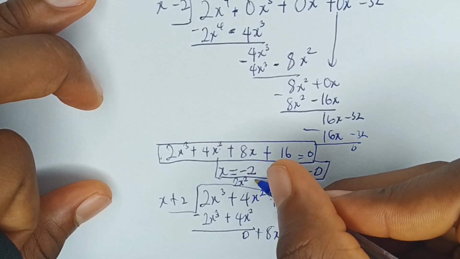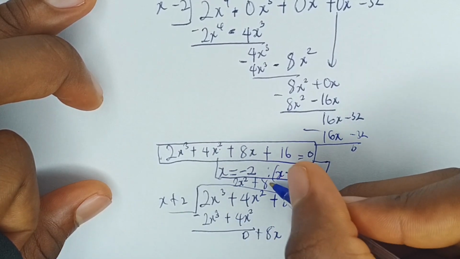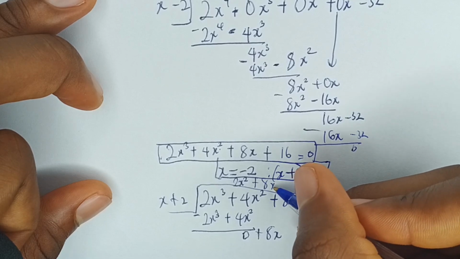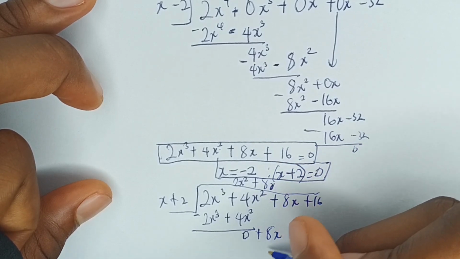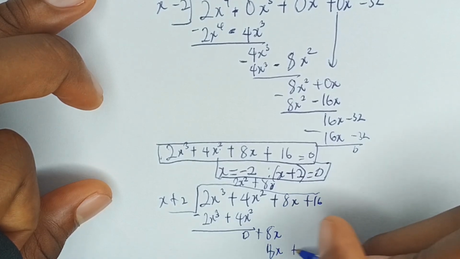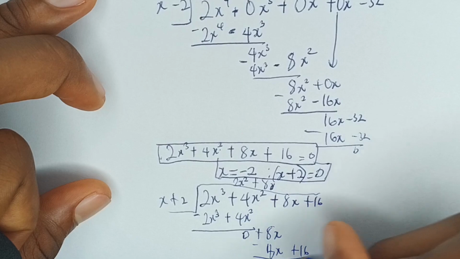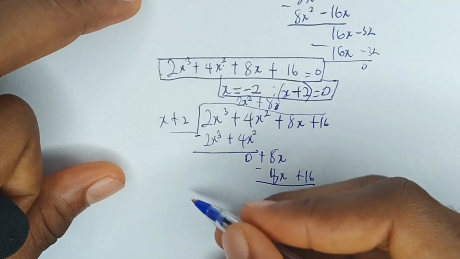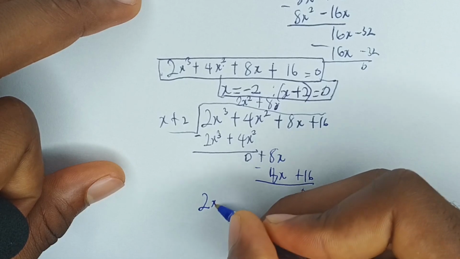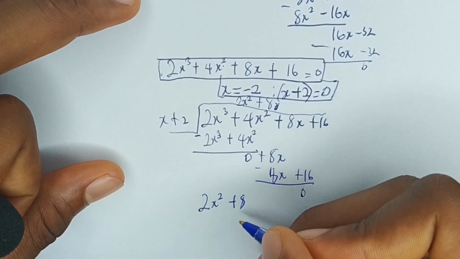Dividing, we have 8, and then we have 8x plus 16. So that when we subtract, we have 0. Hence, from here, we can see that we have another factor, which is 2x squared plus 8.